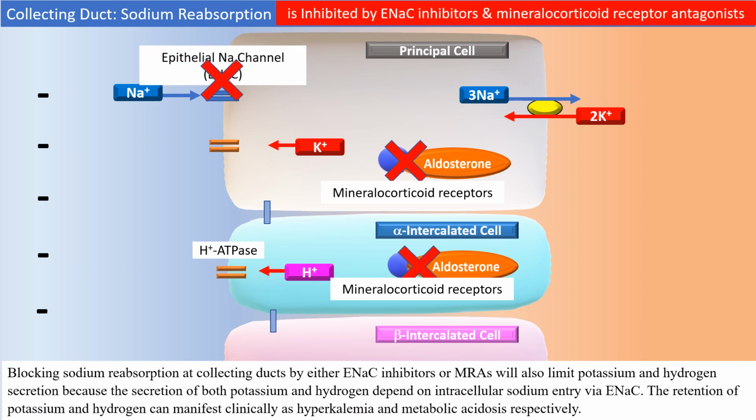Note that blocking sodium reabsorption at collecting ducts by either ENaC inhibitors or mineralocorticoid receptor antagonists will also limit potassium and hydrogen secretion because the secretion of both potassium and hydrogen depend on intracellular sodium entry via ENaC. The retention of potassium and hydrogen can manifest clinically as hyperkalemia and metabolic acidosis, respectively.